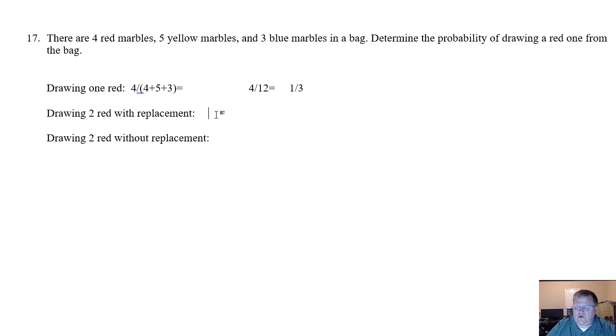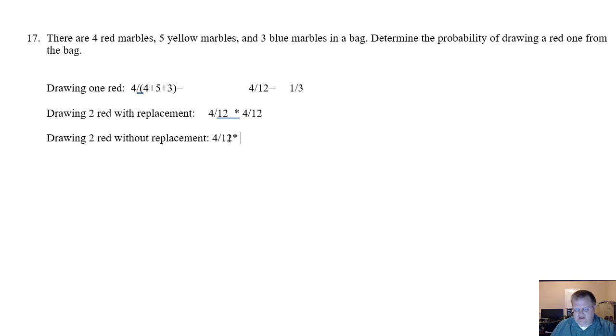But what if I draw 2 out with replacement? So the idea is I reach in, I grab one, and then I draw a second one. Well, first time I reach in is 4 out of 12. Second time I reach in, if I'm putting it back in the bag, that's 4 out of 12 again. But when I do it without replacement, that's where it's going to change on me, which is why I want to illustrate the difference here.